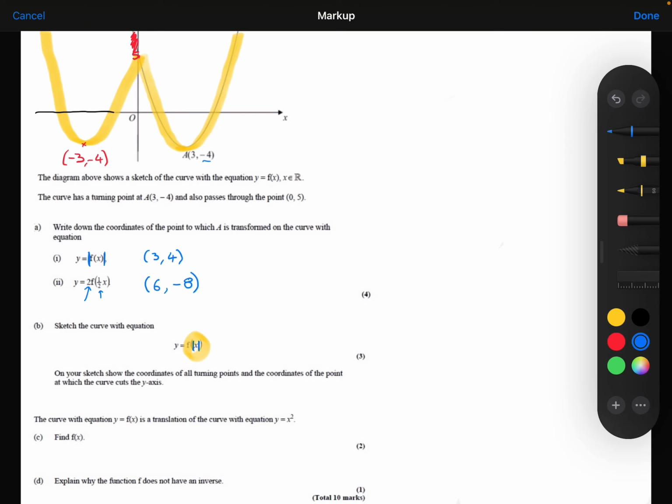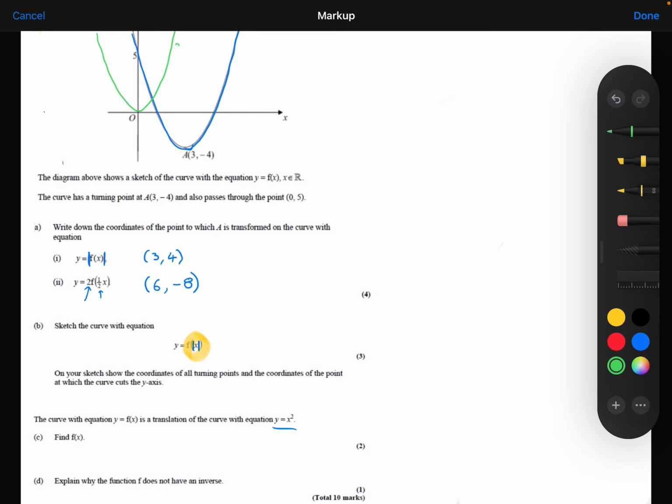The curve with the equation y equals f of x is a translation of the curve with the equation y equals x squared. So this is saying that my f of x, the original f of x here, is a translation of the graph that would usually be y equals x squared, which we know looks like this normally.